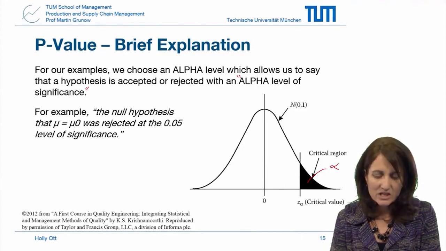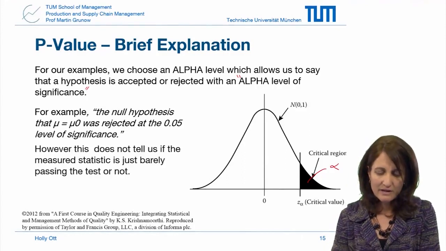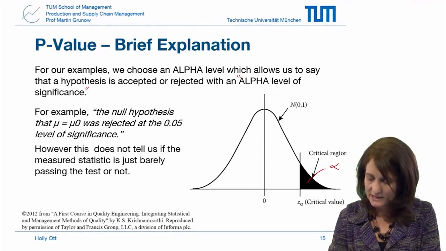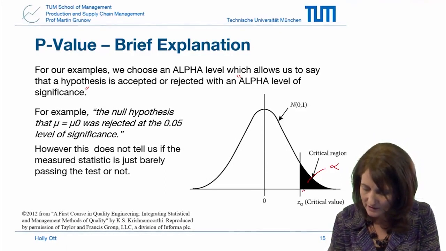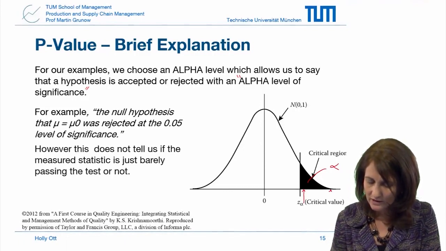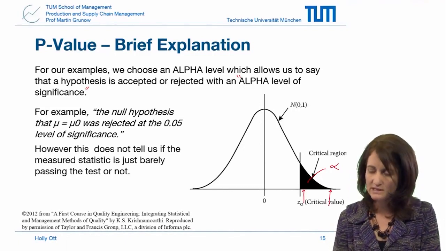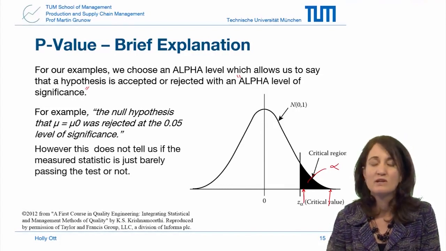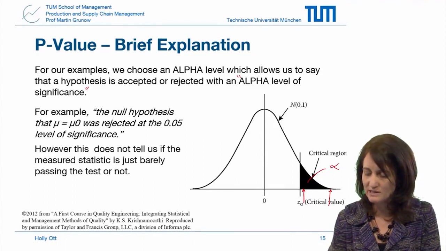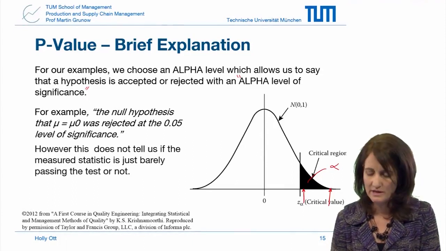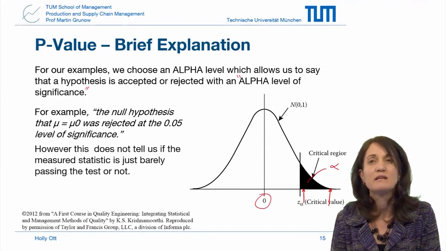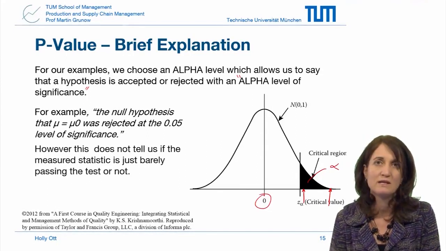But this actually does not tell us if the measured statistic is just barely passing the test or not. It doesn't tell us if we are here or if we are here. It doesn't tell us if we have just passed the criteria given by alpha, or if our sample gave us a z-value that was so much bigger than our mu0 that we could easily accept the new claim.